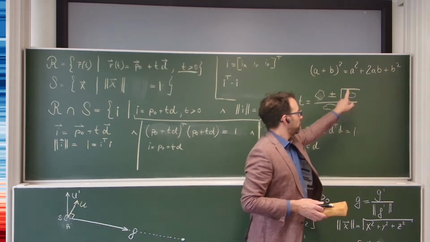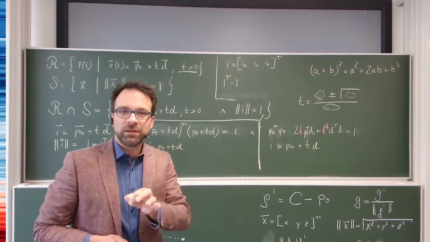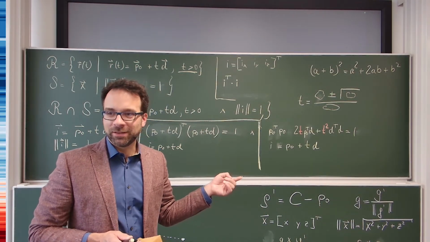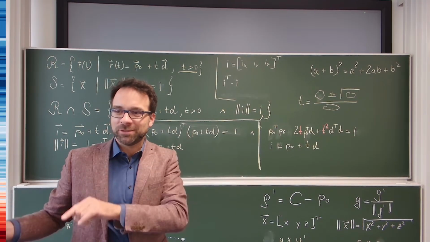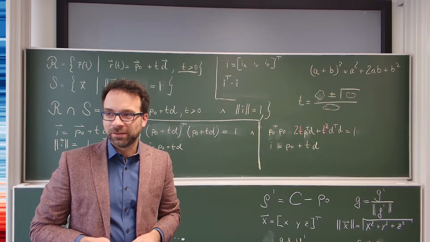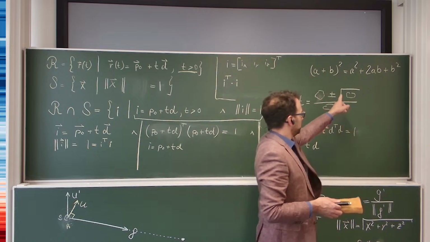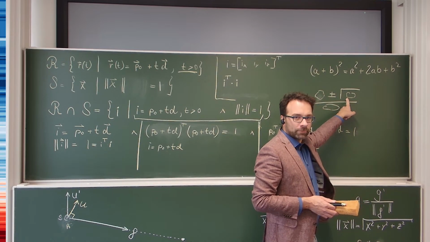If you're taking the square root of a negative value, you don't have real valued solutions to this quadratic equation. And this just boils down to saying the ray misses the sphere. So, if you notice that you're taking the square root of a negative value, you're done.